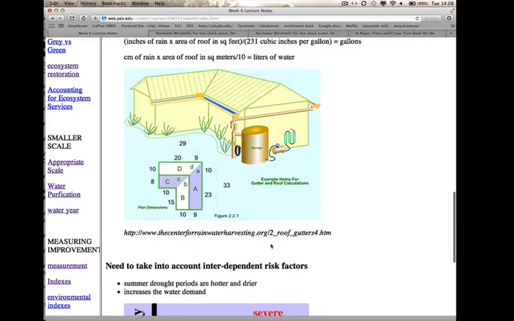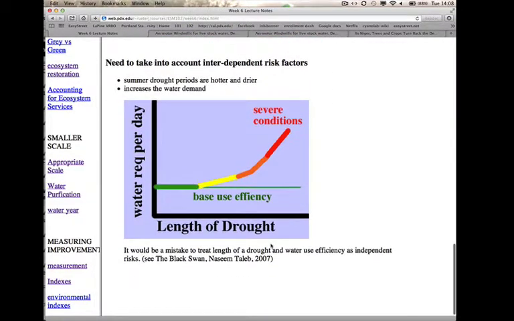Well, the problem with this and with other environmental problems is that we need to take into account interdependent risks. I mentioned in section 1 of this lecture how the risk of the cooling tower failure was probably independent from the ecosystem stresses. Well, this is the same problem: as the length of the drought increases, it's probably more severe. And as you have a more severe drought, you're going to need more water per day per plant.